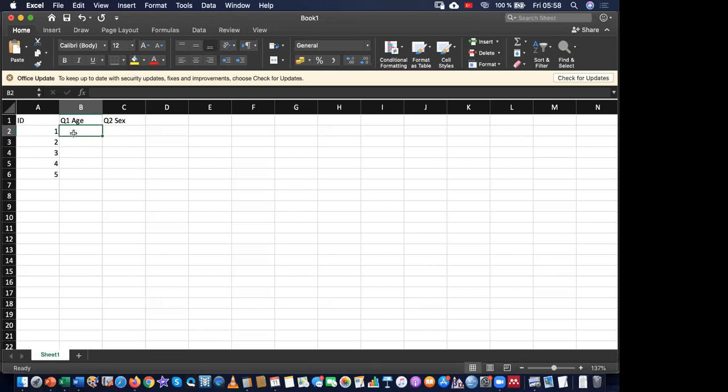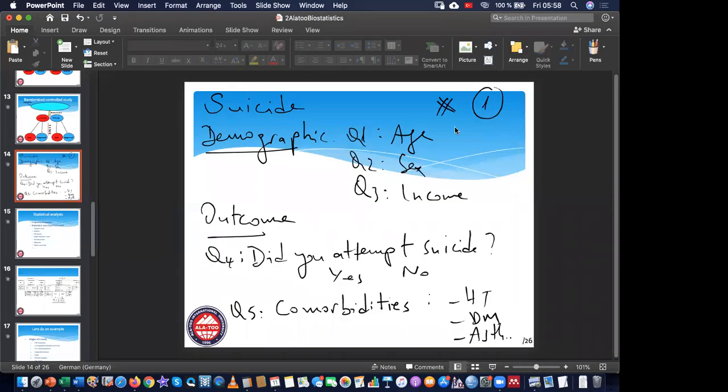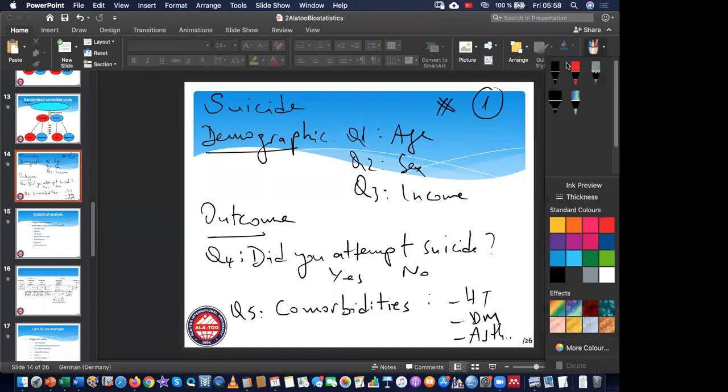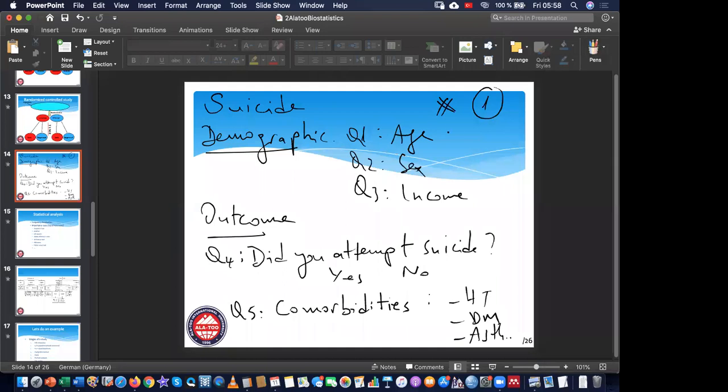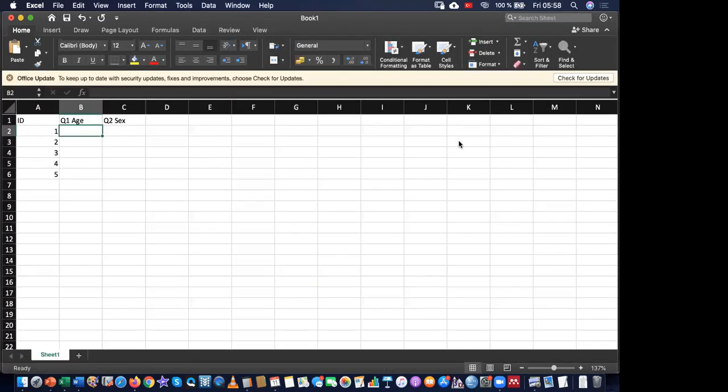So when I have age, I have to write down exactly the age I have collected. I am 52 years, so if you ask me this question, I will say 52. This was what kind of variable? Is it numerical or categorical? It's numerical and discrete. So I write here 52.